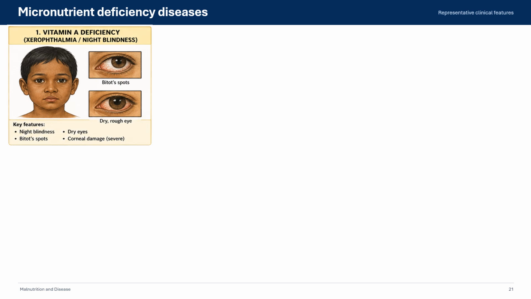An example of micronutrient deficiency is vitamin A deficiency diseases. Vitamin A is essential for vision and eye health. Hence, its deficiency generally leads to night blindness and xerophthalmia, which result in poor vision in dim light, dry eyes, Bitot's spots, and potentially permanent blindness.